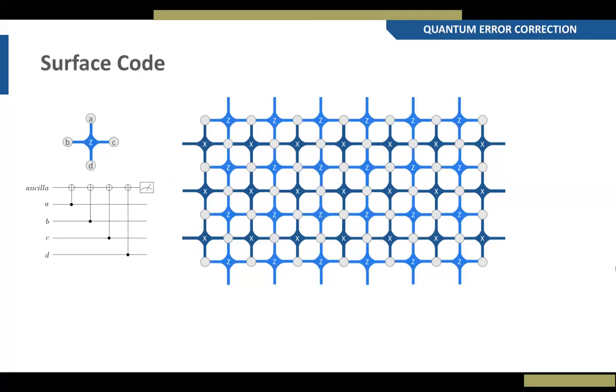It's a similar interaction with its 4 nearest neighbors. It also does a measurement on the ancilla in the middle, and it can detect the bit flip of any of the neighbors, and also forces the data qubits to be in a certain state. Okay, so that's the abstraction that we will need for today's purpose.